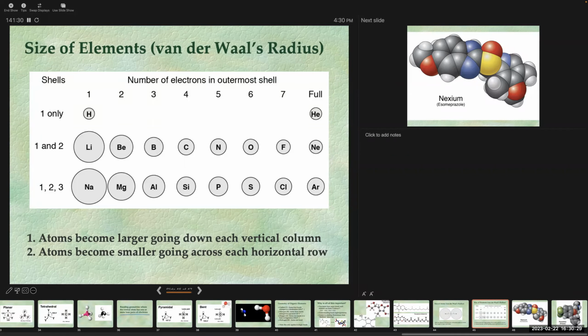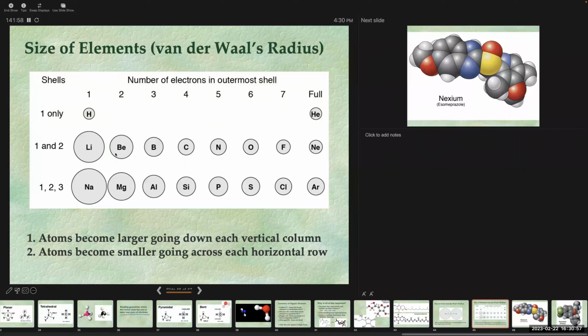What's not nearly as obvious or intuitive is that as you go from left to right across each row, the atoms get smaller. So for example, look at this second row here, where we've added a second shell of electrons. Lithium at the far left only has 1 electron in its outer shell.